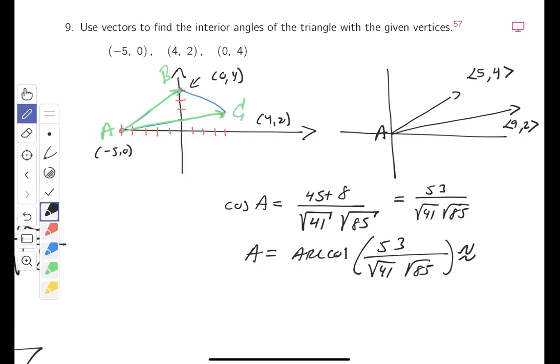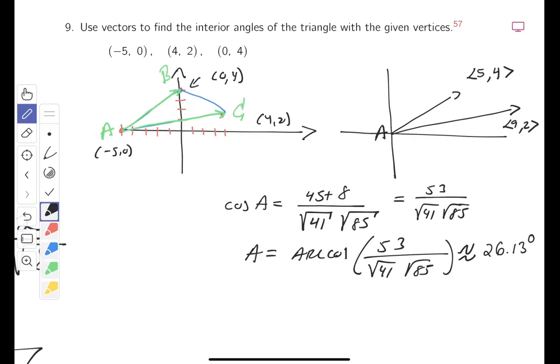Arc cosine, 53 divided by the square root of 41 divided by the square root of 85. You get 26, right? And I'm reading my calculator, 0.13. Okay. All right, let's keep going.